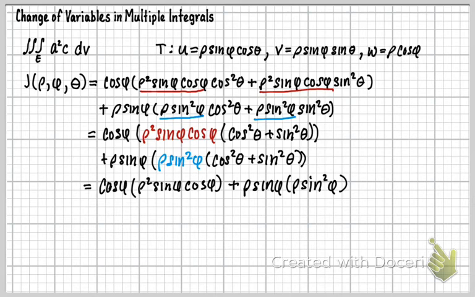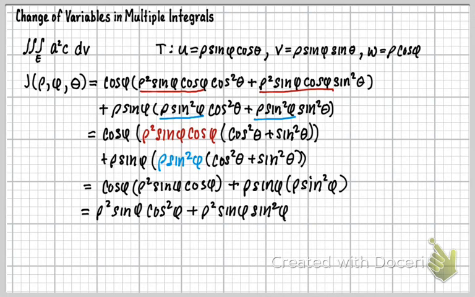And I can multiply these all together and get rho squared sine phi cos squared phi plus rho squared sine phi sine squared phi. And I left those separate because I want you to see here that they both have a rho squared sine phi. So that means I can pull that out of those two.